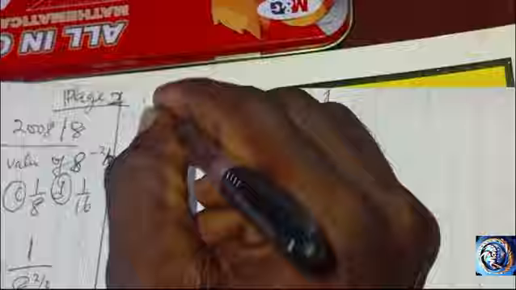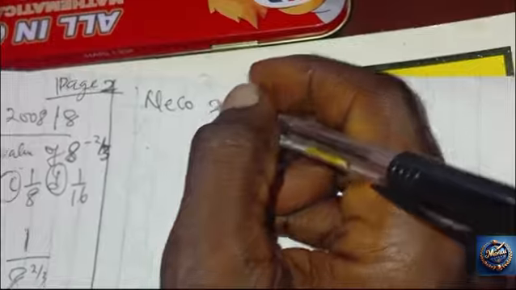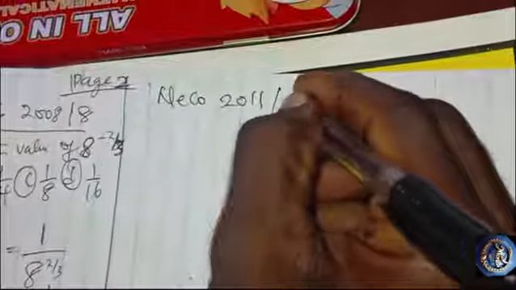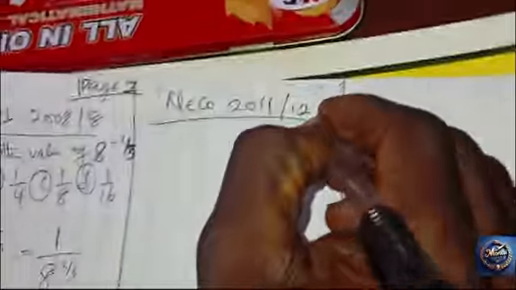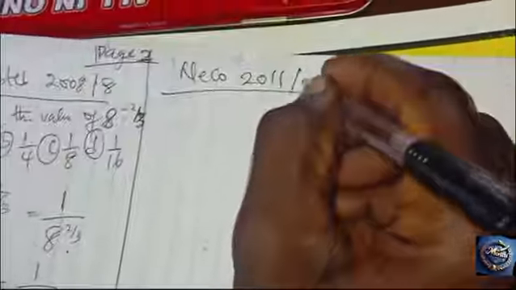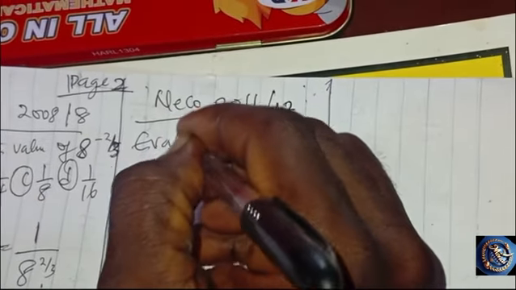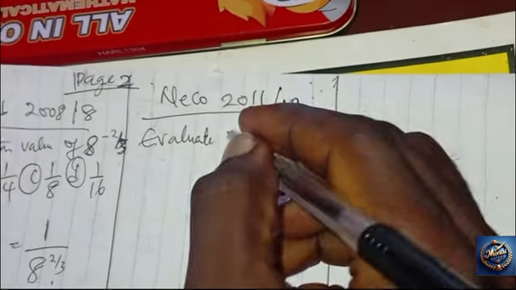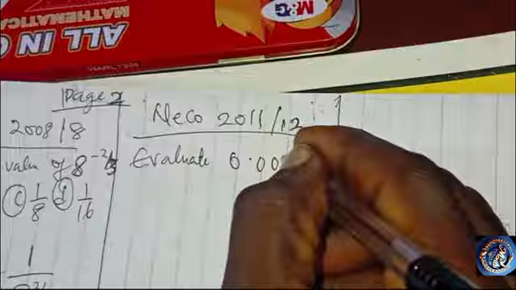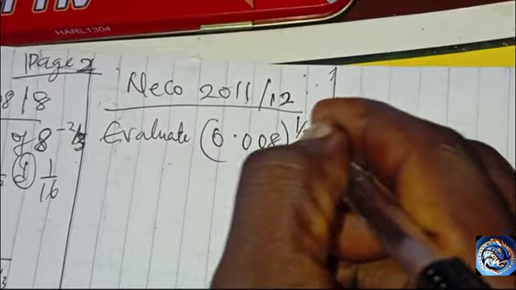NECO 2011, number 12. Precisely number 12. I'm talking about objectives. We have: evaluate 0.008 raised to the power of 1 all over 2.